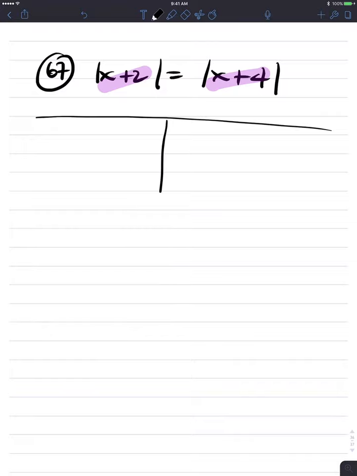67. The absolute value of x plus 2 is the same as the absolute value of x plus 4. Now again, we have two cases. In one case, they are the same. In the other case, they are opposite.